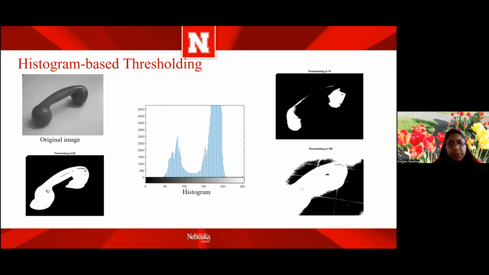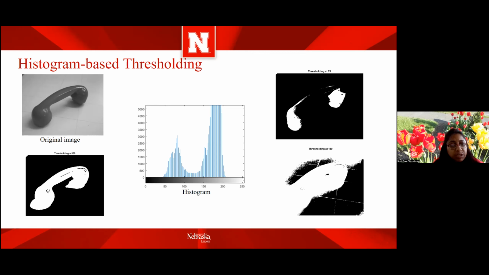We computed the histogram of the image, and we can see that it has two distinct peaks. If we separate out the histogram at the correct point, we can get a very good segmentation result.